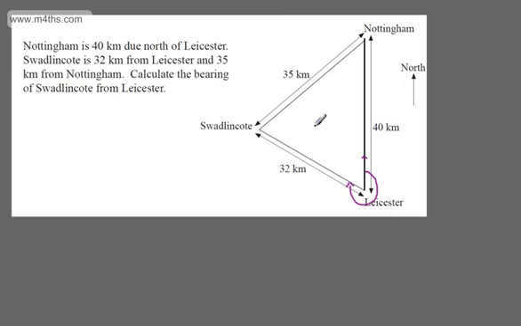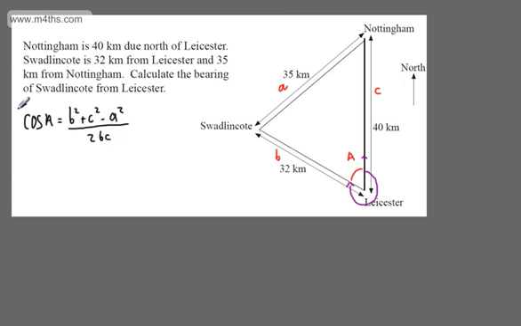What I'm going to do instead is find the angle in here and subtract that from 360 degrees. So what we're going to do is have this angle. What I'm going to say is that this angle is going to be angle A. This will be side A, this will be side B, and this will be side C. I can use the cosine rule here, and I can now say cos A will be equal to B squared plus C squared minus A squared over 2BC.